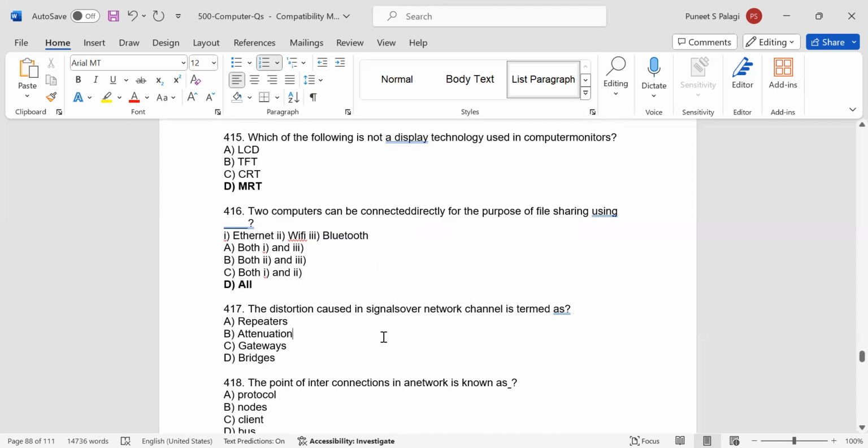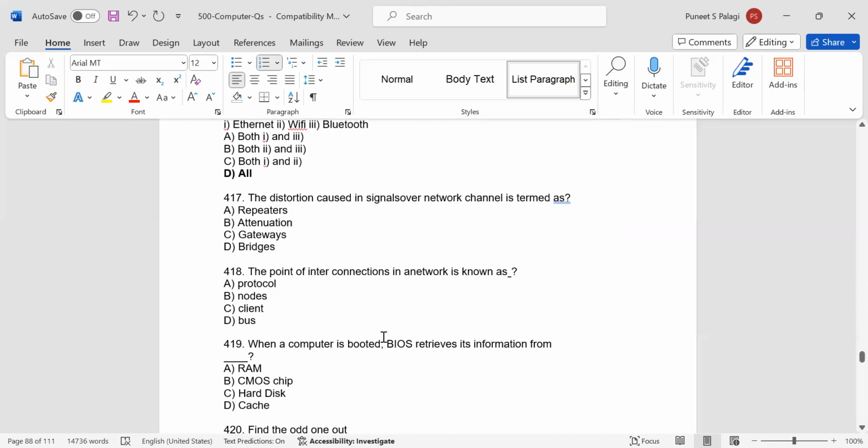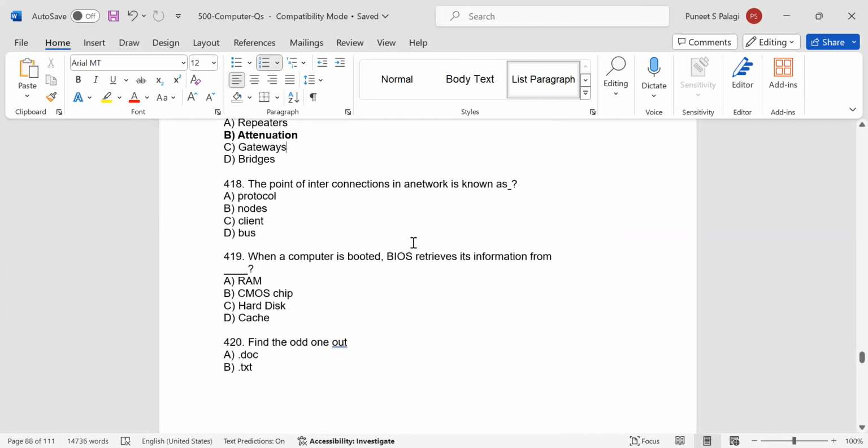The distortion caused in signals over network channel is termed as attenuation. The point of interconnections in a network is known as nodes.